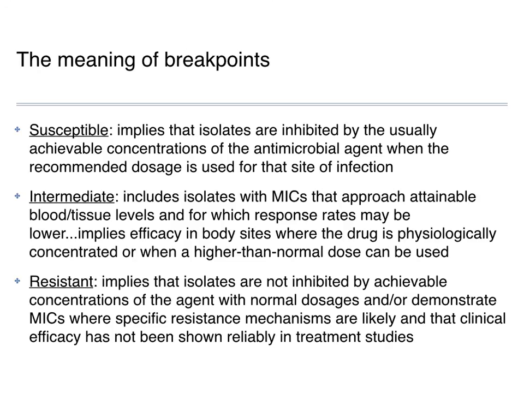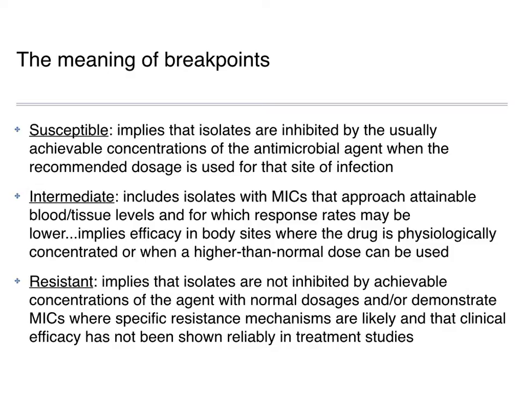As far as what these mean clinically, susceptible basically implies that the isolate is going to be inhibited by the usually achievable concentrations of that antimicrobial when you give the recommended dose and it's used at an appropriate site of infection. One important thing is that S is certainly no guarantee, especially if you underdose someone, if you don't account for the fact that someone is larger than average, and you give a suboptimal dose, then you're tipping the scales away from success.